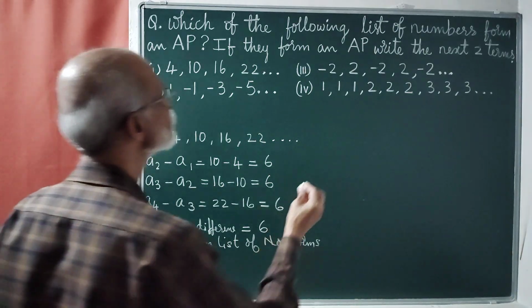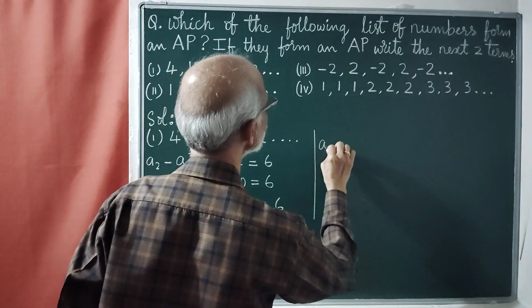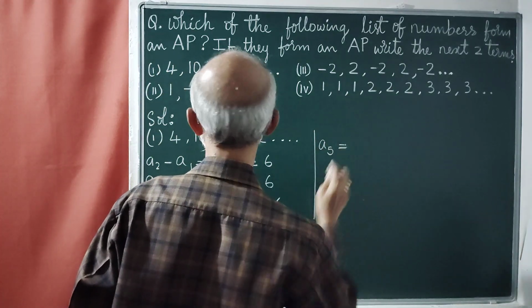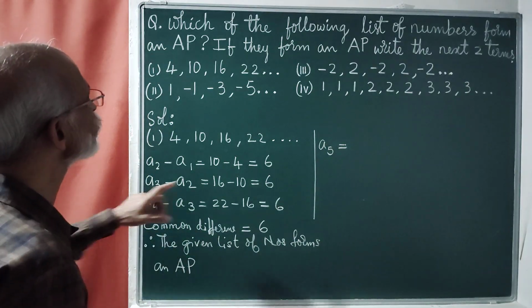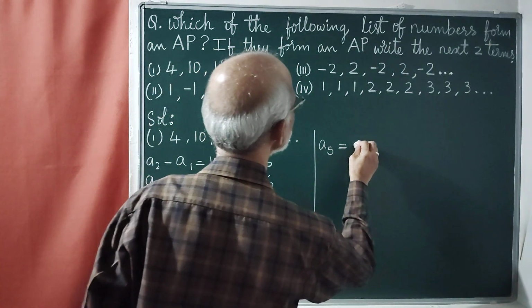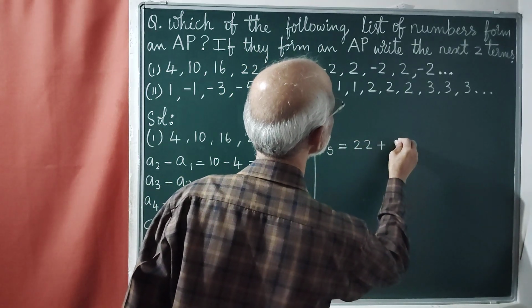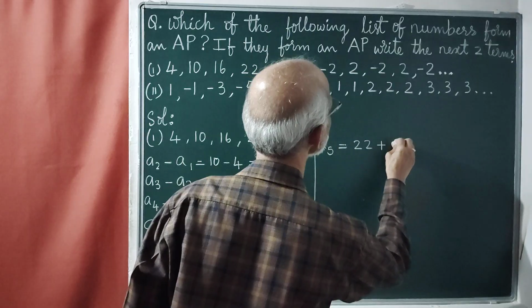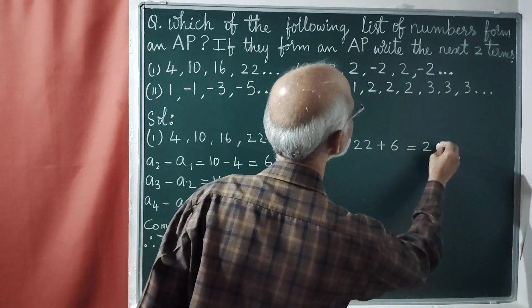So A5 is equal to A4 plus D. A4 is 22, plus if you add the common difference, you will get the next term, 28.